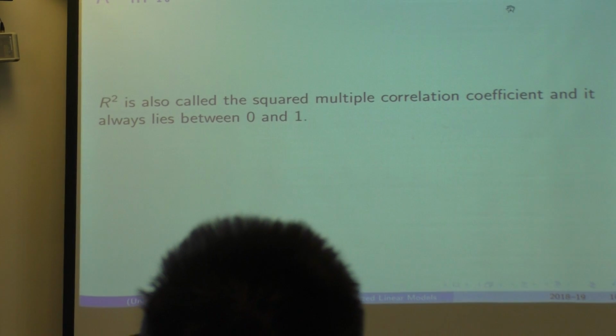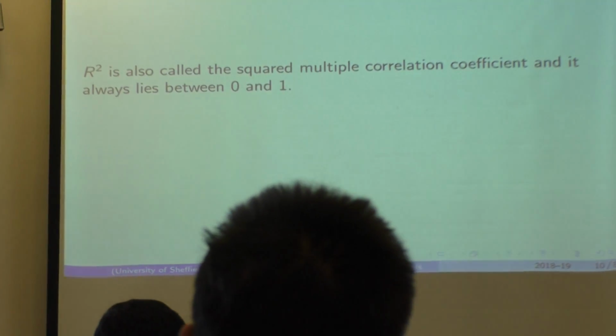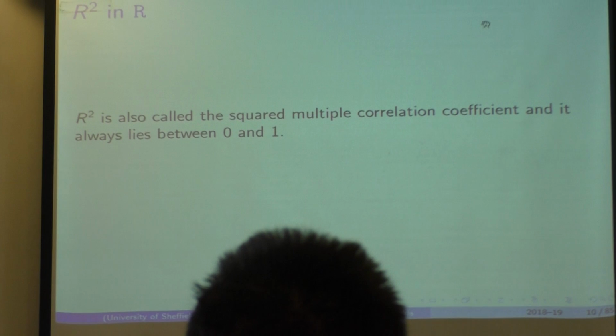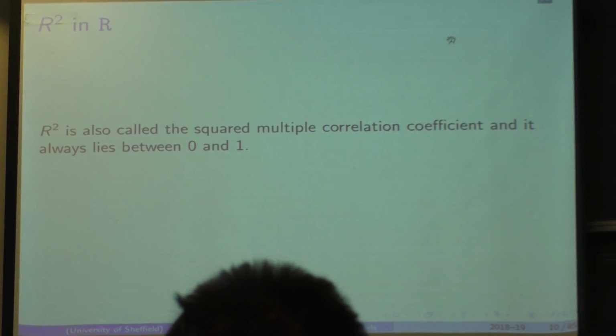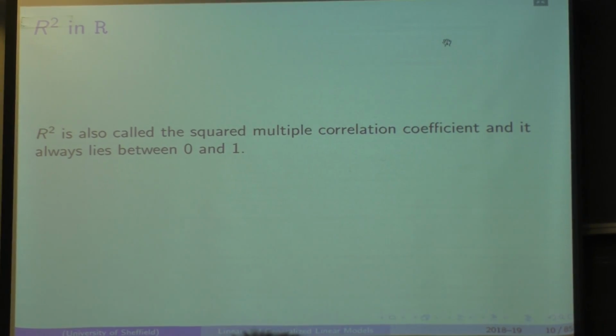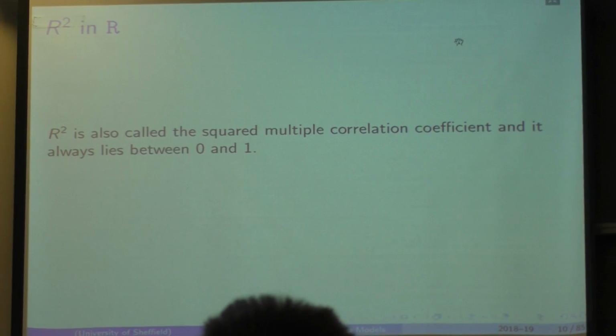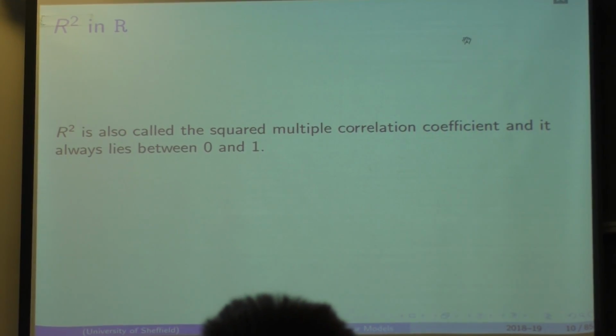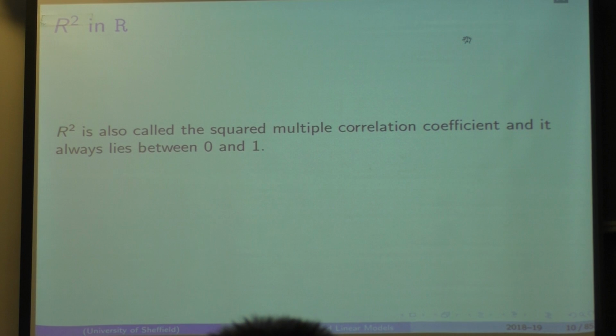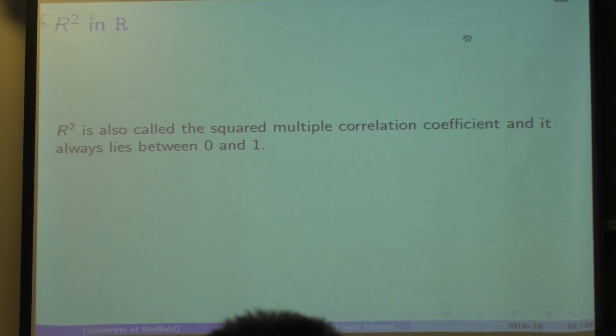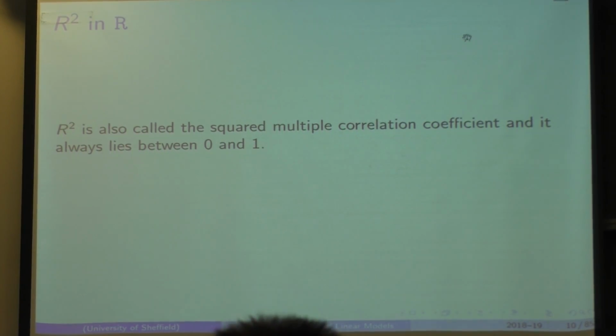Okay. So I've already seen that it lies between 0 and 1. It's a generalisation of the square of the correlation coefficient for two variables. So that means it's sometimes called the squared multiple correlation coefficient. Although again, I think most of the time people actually just refer to it as R squared.